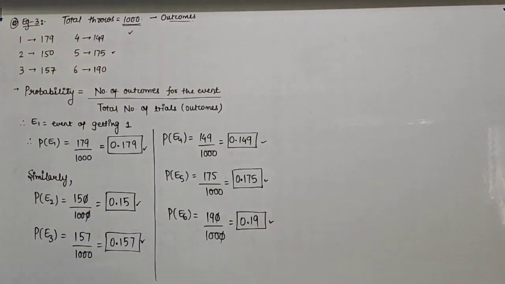These are all the probabilities of getting the outcomes.